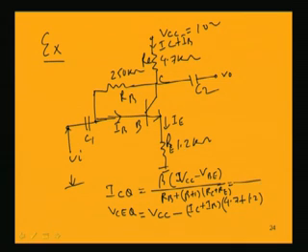If we put these values, we can find out IC first. Beta is 90, 10 minus 0.7, RB is 250 plus beta plus 1 being 91 times RC plus RE, where RC is 4.7 and RE is 1.2.